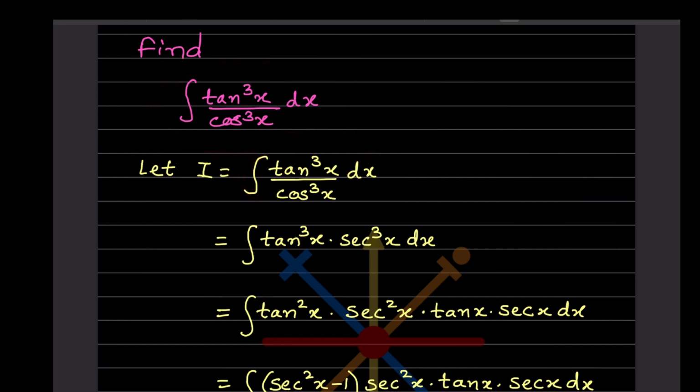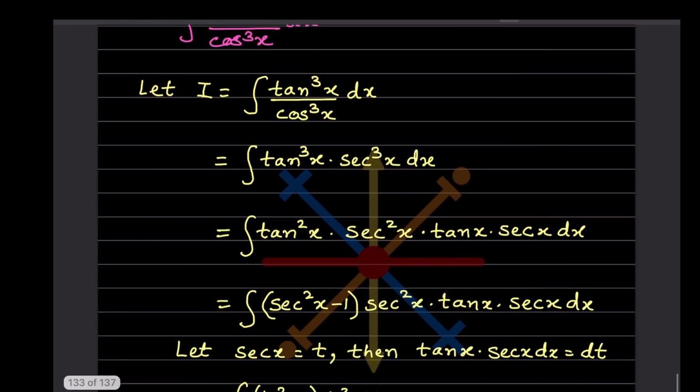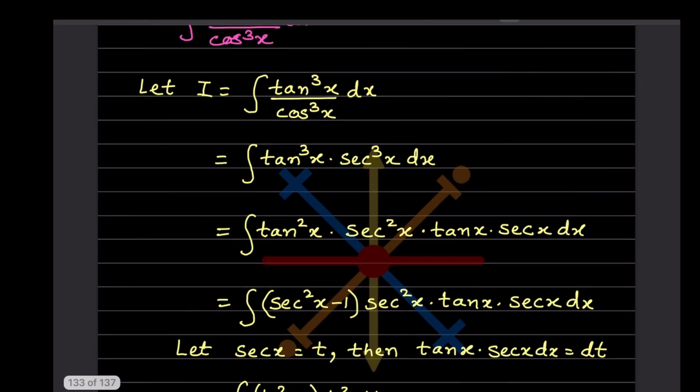So what we can do here, we can also write this tan cube x, and this is 1 by cos cube x. So 1 by cos cube x is going to be sec cube x, so that will be dx. Now we can write this as tan square x and sec square x.